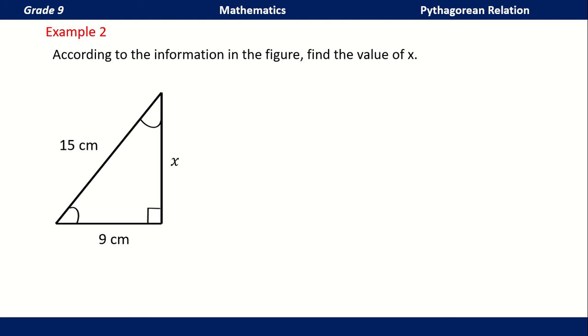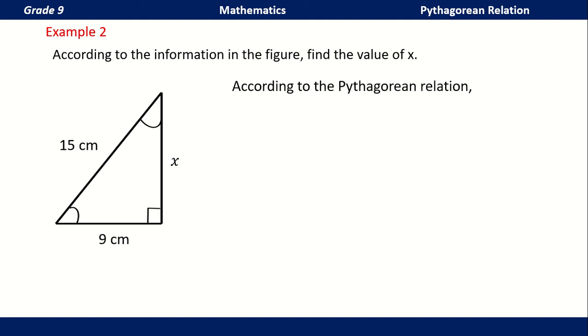Here also you have been given a figure with a right angle and the hypotenuse is 15 centimeters and of the other two sides, one side is 9 centimeters and the other one is x. You are asked to find the value of x. So what to do? Nothing more than previously. You know that if there's a right angle triangle, you can use the Pythagorean relation.